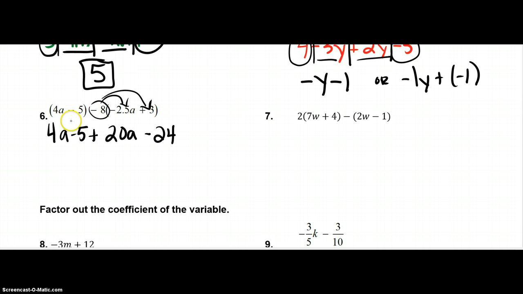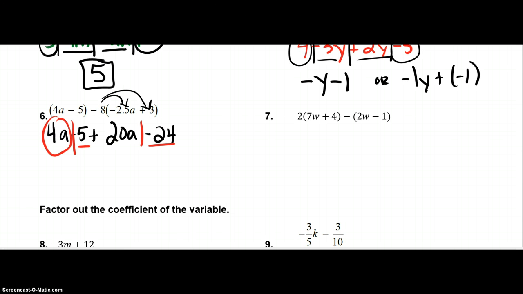So I'm going to separate these terms once again. I'm going to circle my a's, and I'm going to underline my constants there.